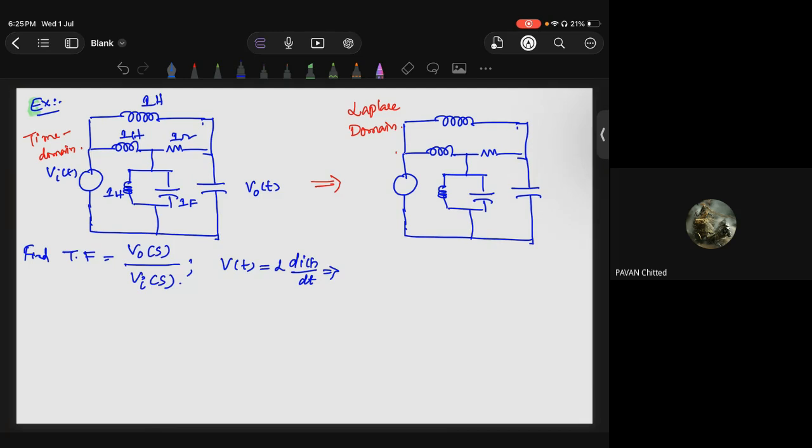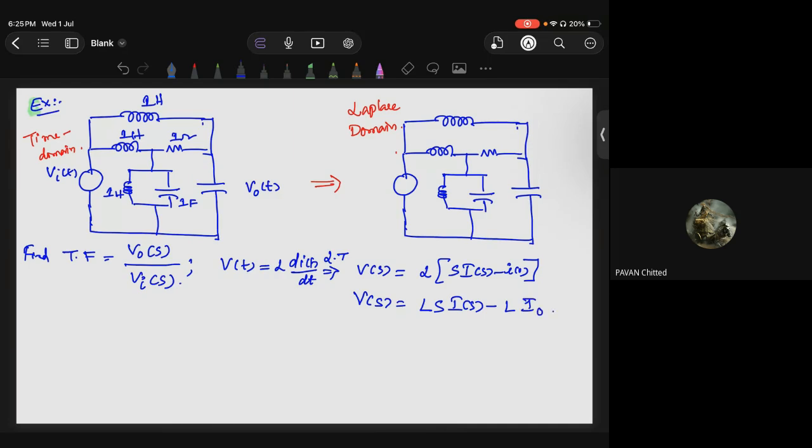If I take the Laplace transform on both sides, what do I get? V of s equals L times s I of s minus I of 0. Is this correct? Yes, sir. So V of s equals Ls I of s minus L I naught, where I of 0 is some initial current I naught.